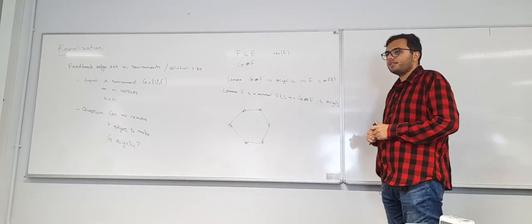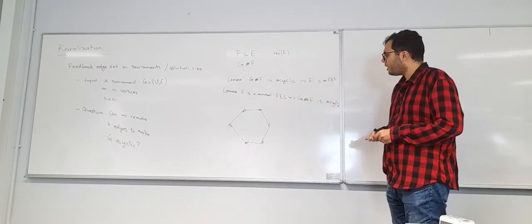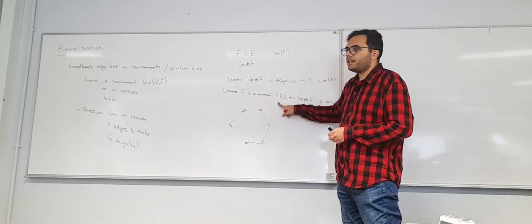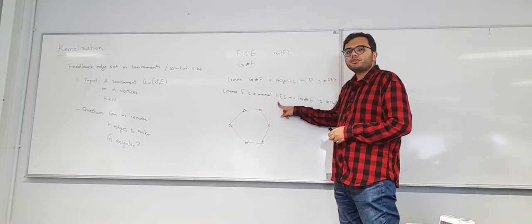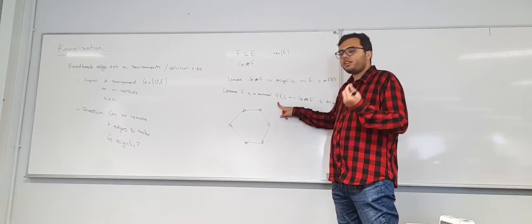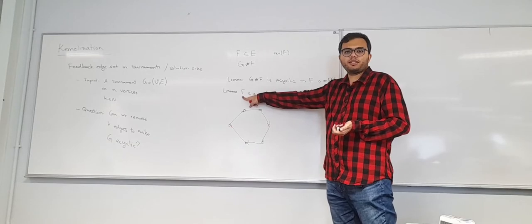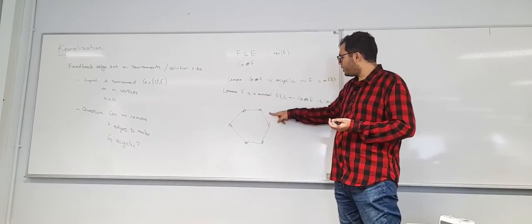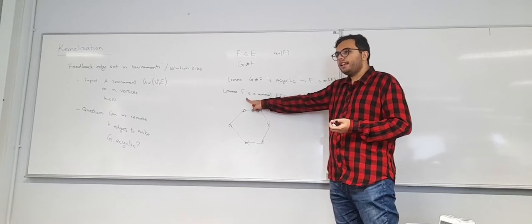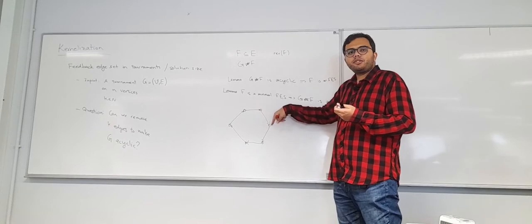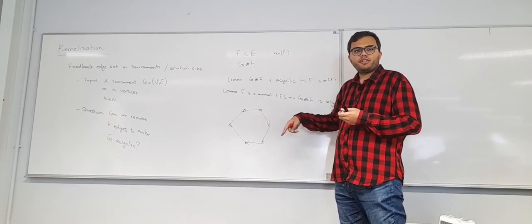What's the problem with this? Well, F is a minimal feedback edge set, right? So if I remove even one of the edges in F, F will not remain a feedback edge set. What does that mean? That means that each one of the edges in F is in a cycle that only contains that edge and no other edge of F, right?